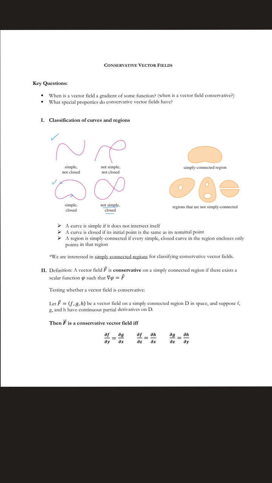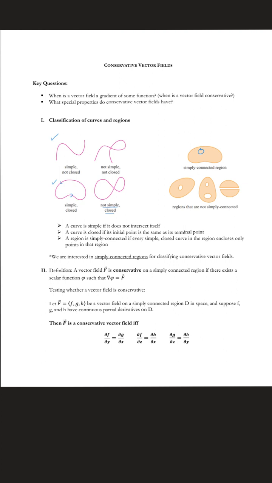In terms of regions, if you look at the diagrams at the right, we are going to care most about simply connected regions. These are regions for which any closed curve in the region encloses only points in that region. For example, I can draw a little closed curve here and it only encloses points within the region.